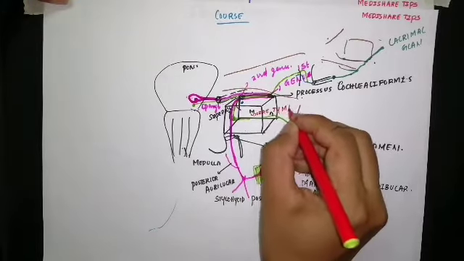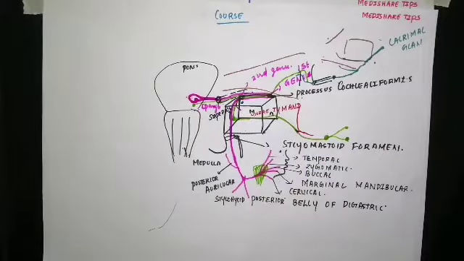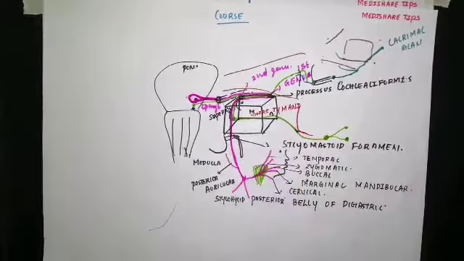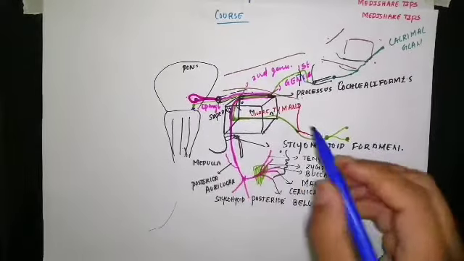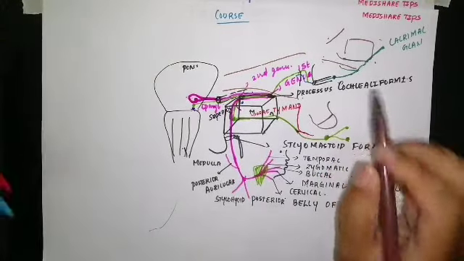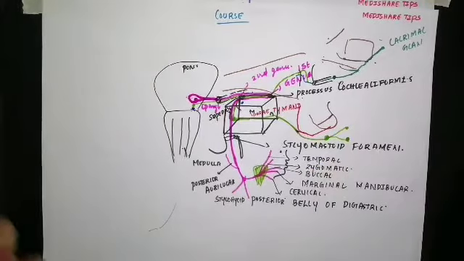Now another part is the sensory part. The sensory nucleus is located here, which is known as the nucleus tractus solitarius. So we know that this is the tongue. The sensations on the anterior two-thirds of the tongue are carried by the lingual nerve.